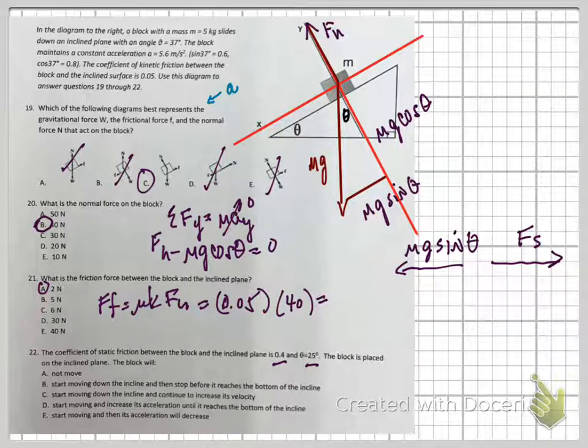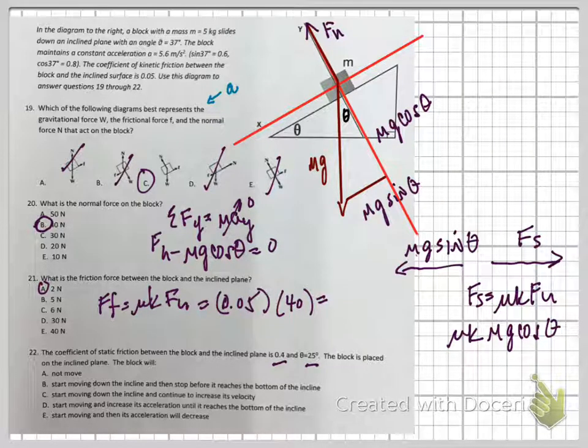So the force of static friction, we can figure that out. Force of static friction equals mu s Fn, and Fn we said was equal to mg cosine theta.